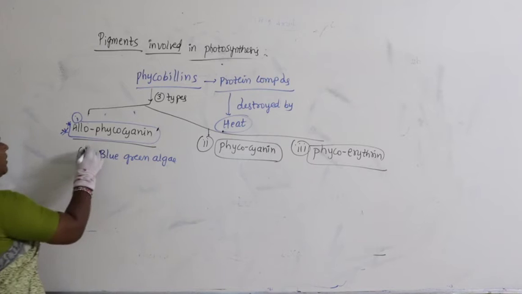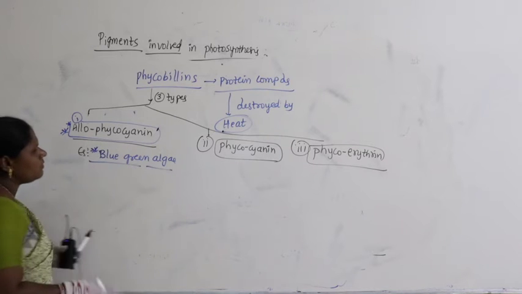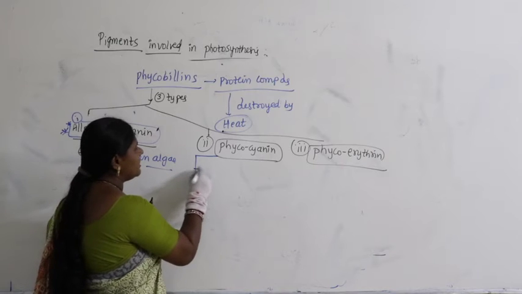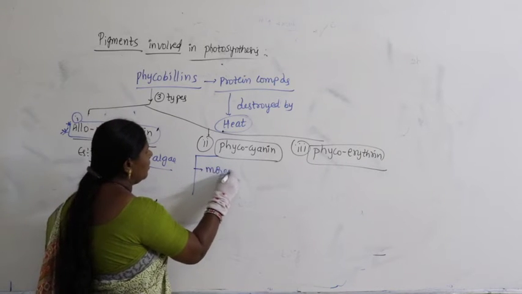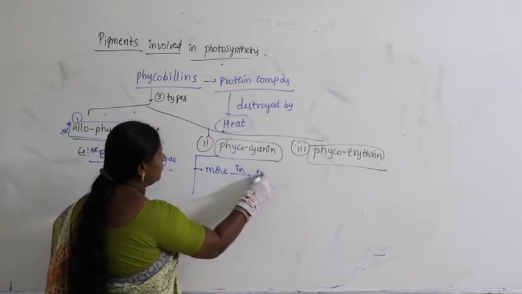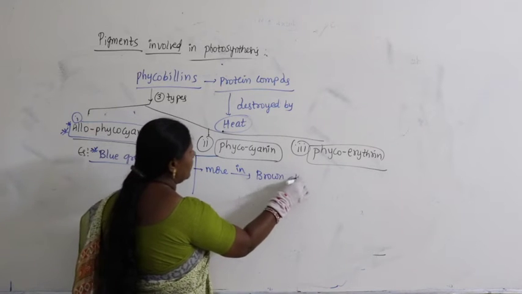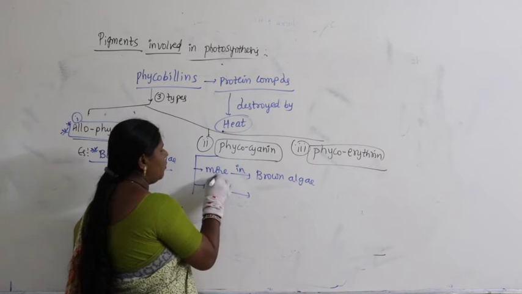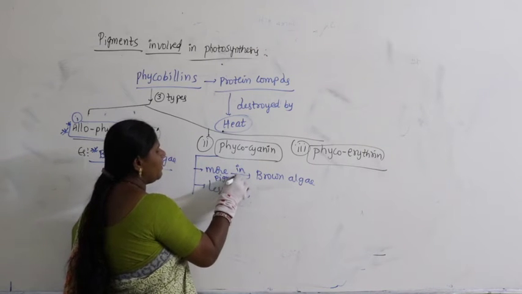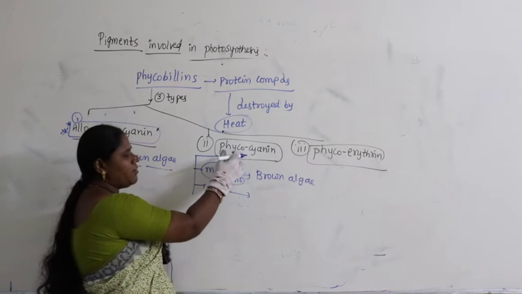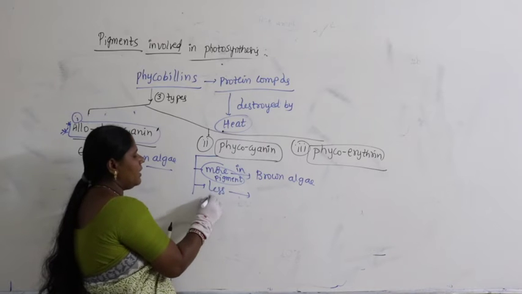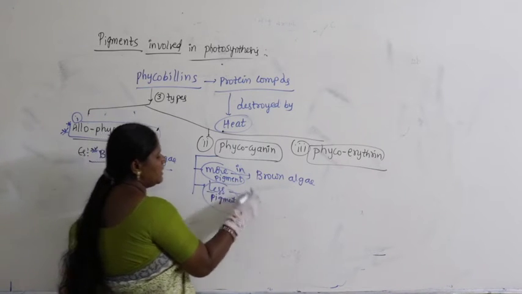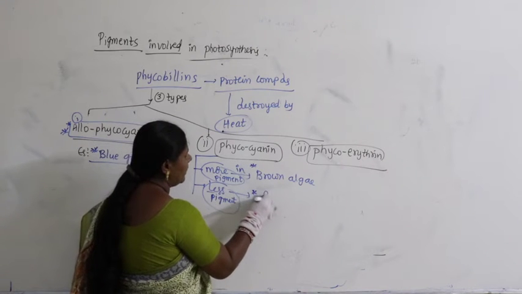Coming to phycocyanin, it is also a pigment. It is present in more quantity in brown algae and very little in red algae.